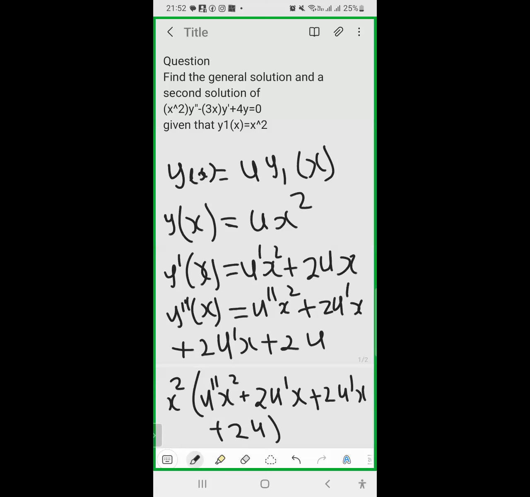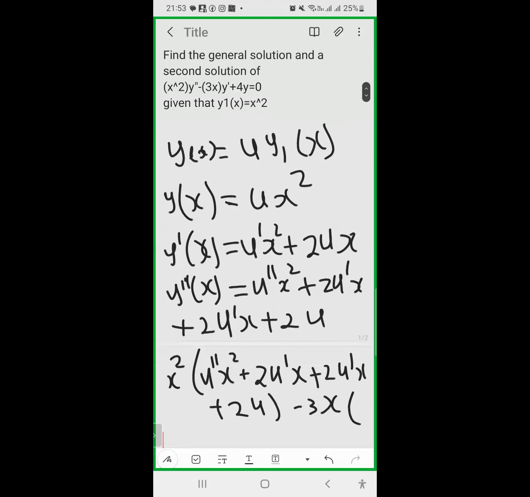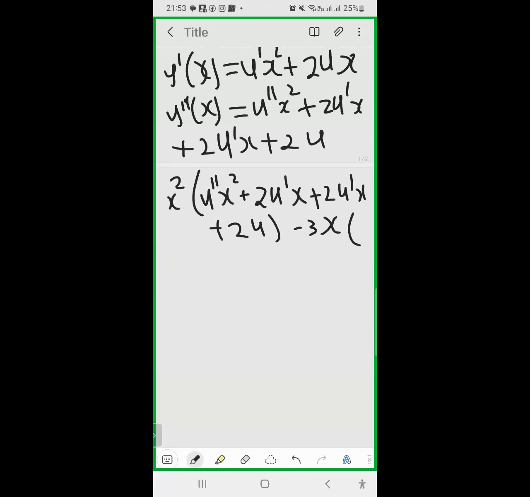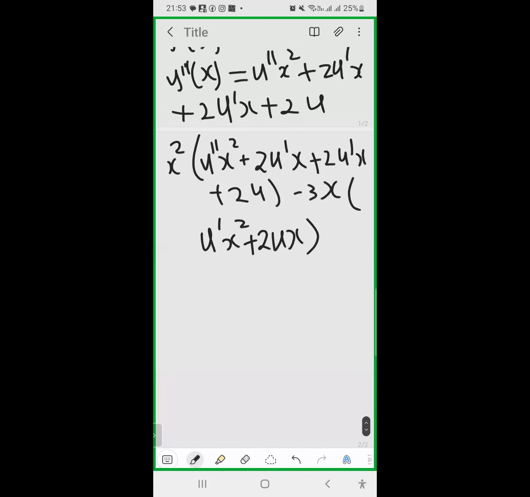And then minus 3 of x into y prime, and y prime is u prime x squared plus 2u of x, close bracket, and then plus 4 into y, which is ux squared, close bracket, is equals to 0.